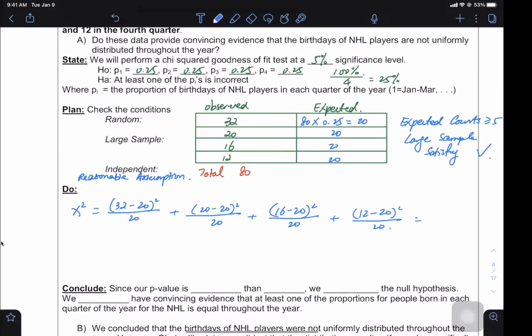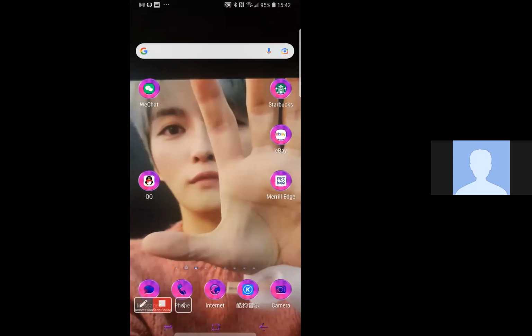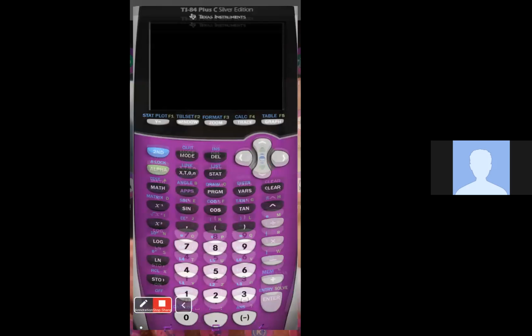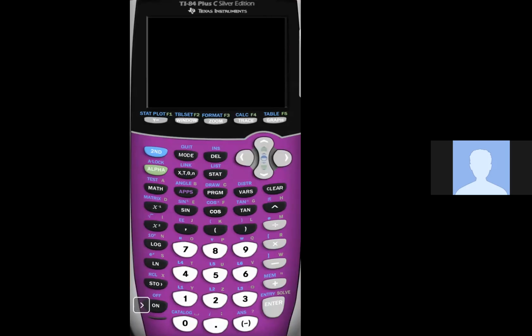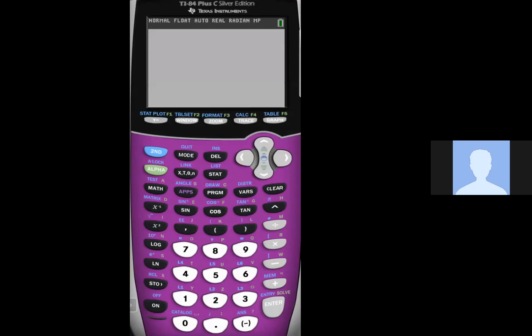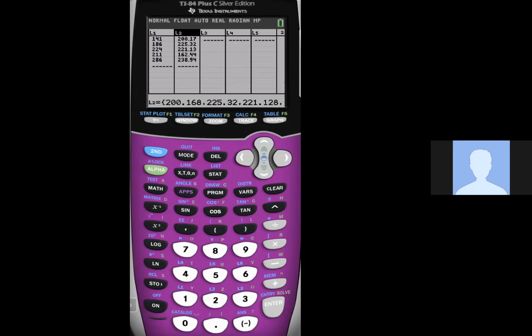And now let's solve it. So again, go to stat and edit. So let's do 32, 20, 16, and 12.